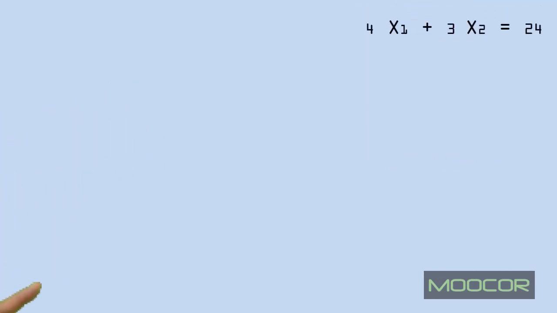This concept is important. Look at the equation of this line. Let's find out what the slope of this line is. Note that the slope of the line is only controlled by the coefficients of x1 and x2. The right-hand side value has no place in defining the slope of the line.